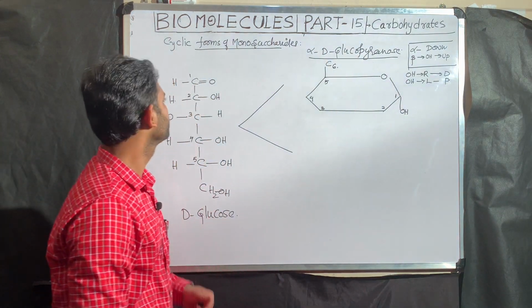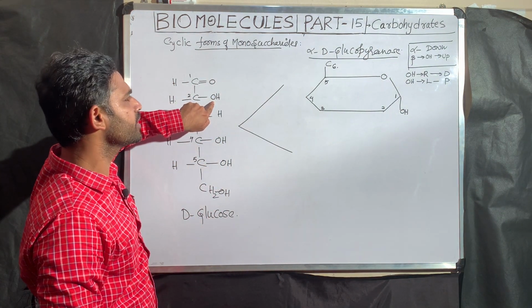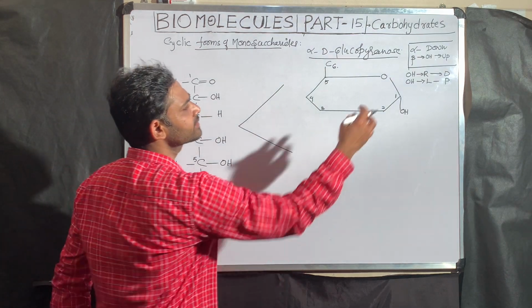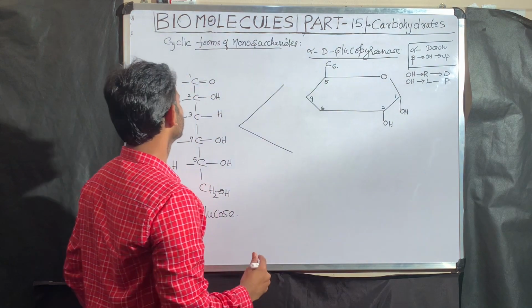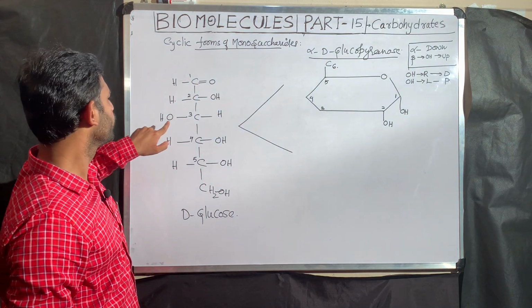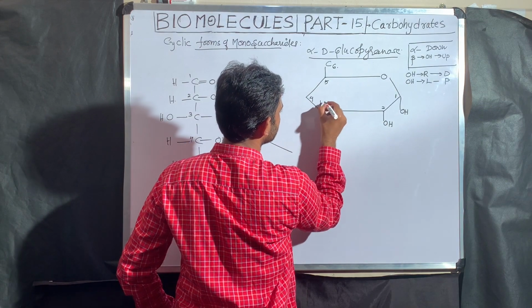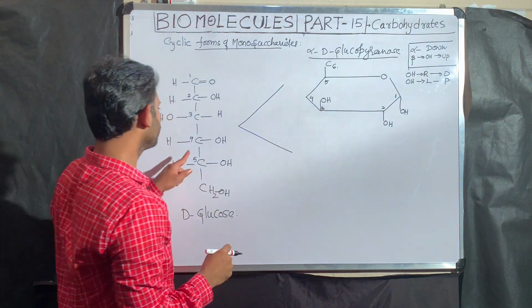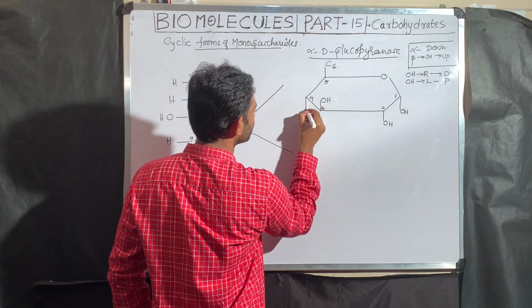Now understand, this is the second carbon. Is the OH group on the right side or the left side? Right side, which means down. Next, this is the third carbon. The OH group is at the left side, which means up. Now the fourth carbon. The OH group is at the right side, which means down.